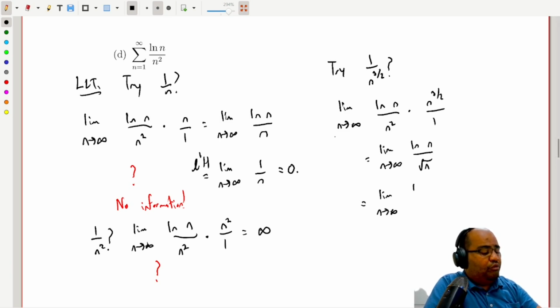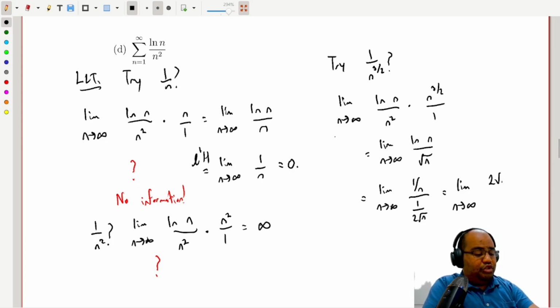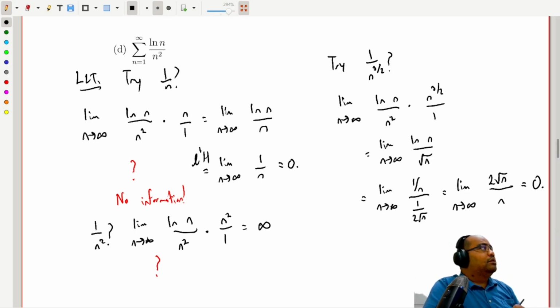The derivative of log n is 1 over n, and the derivative of square root n is 1 over 2 square root n. We clean this up, so we'll have 2 square root n over n. That'll simplify to 2 over the square root of n, and we know that this is equal to 0. So we have a limit of 0.